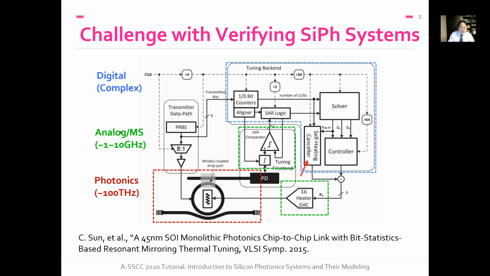And simulating this complex digital system working with high precision analog, also interfacing with photonic elements propagating at an extremely high frequency, is an impossible task, right? And now you have to verify that this whole system, having photonic, analog, and digital, is working correctly together. That's the challenge. So how are we going to address this?